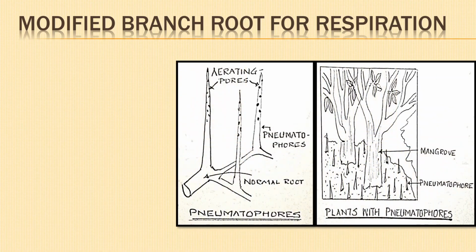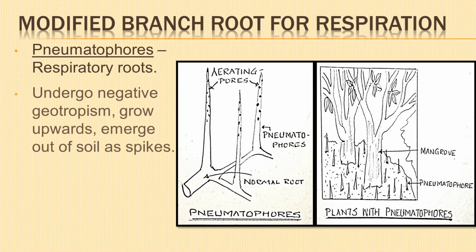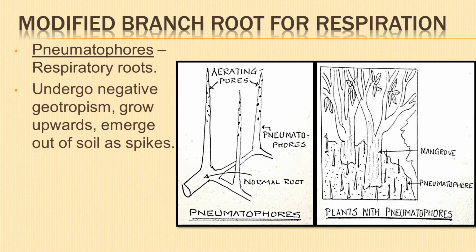Plants growing in estuaries and salt lakes have special kinds of roots called respiratory roots or pneumatophores for the purpose of respiration. Pneumatophores undergo negative geotropism and grow upwards. They emerge out of the muddy substratum and appear as spikes.